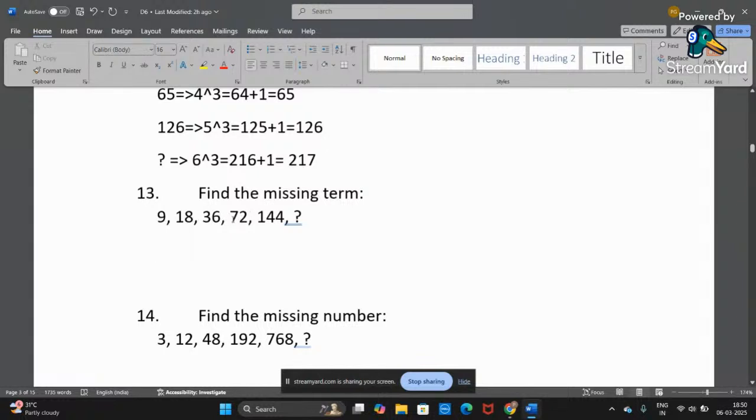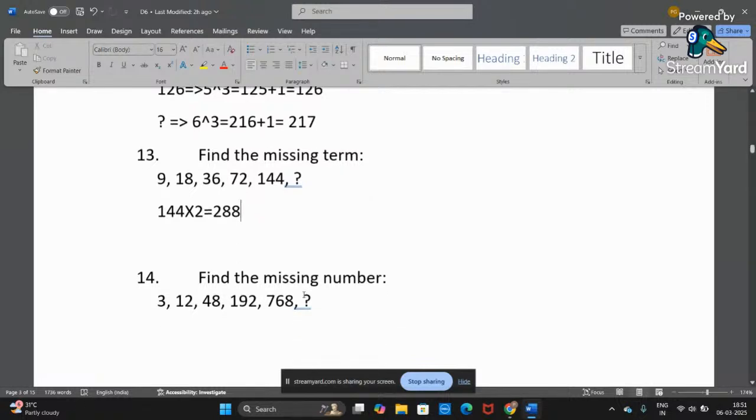So every time the number is getting doubled. 9 into 2 is 18, 18 into 2 is 36, 36 into 2 is 72, 72 into 2 is 144. To find the missing number, we multiply the last digit by 2 so that we get 288, right? This will be your missing term.